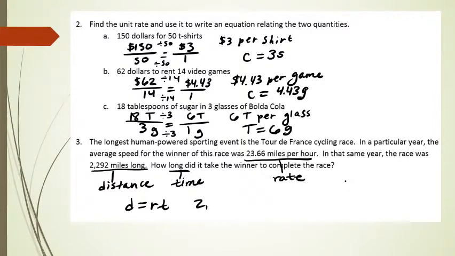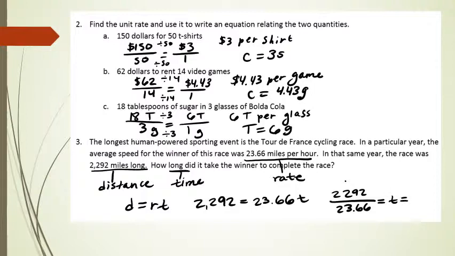So we've been talking about a formula, distance equals the rate times the time. So the distance, 2,292, equals the rate, 23.66 times the time. So how can I solve for t? Well, based on what you know about fact families, I know that these two numbers multiplied together are going to make the other number. So if I divide 2,292 by my rate, 23.66, I should get my time.